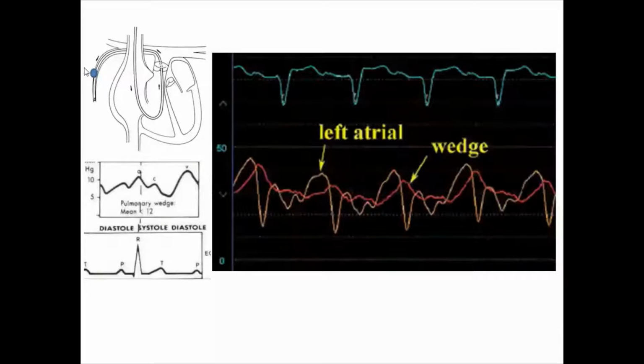Then from the pulmonary artery, we'll go to the pulmonary capillary wedge pressure, which closely resembles the left atrial pressure. There are some minor differences between left atrial and wedge pressure: the wedge pressure comes a bit later than the left atrial pressure, and its value is a bit lower, but usually they resemble each other.